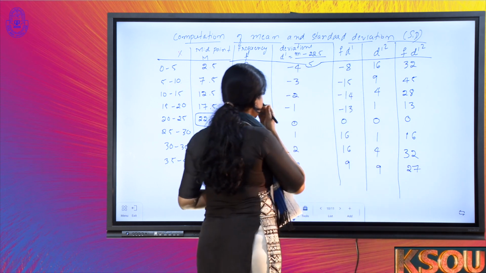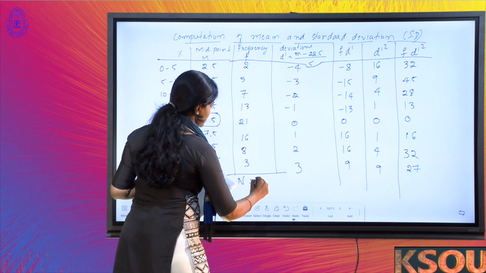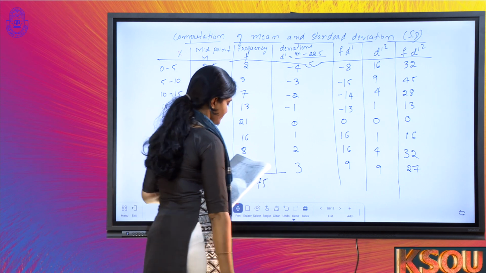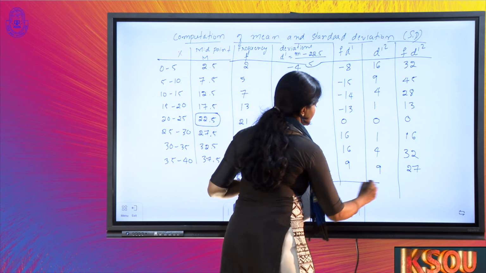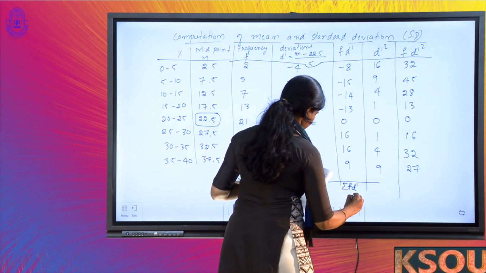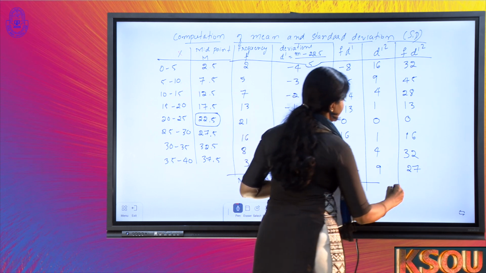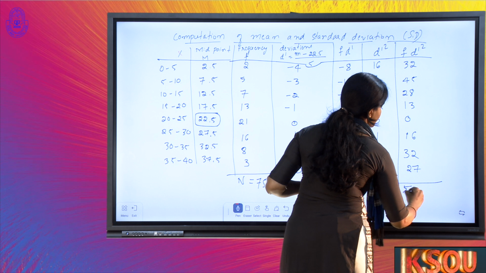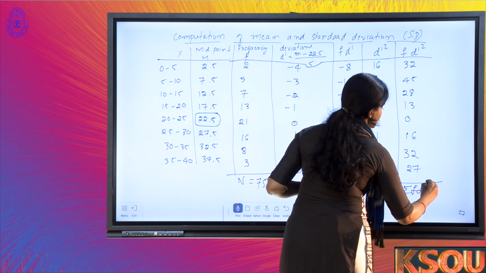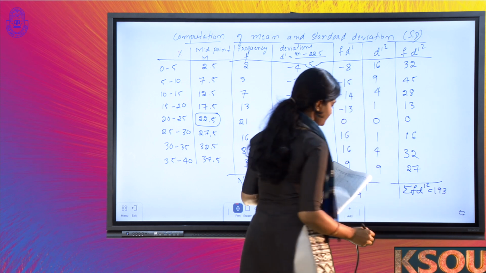So, let us take the total of this frequency, that is n is 75, then take summation fd dash, that is minus 9, then take summation fd dash square, that is 193.